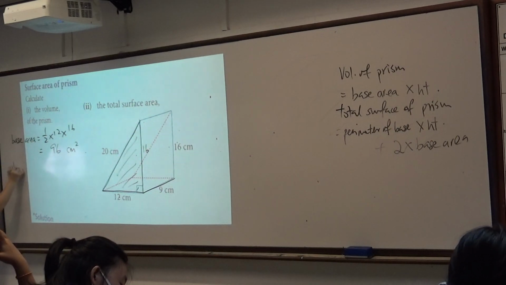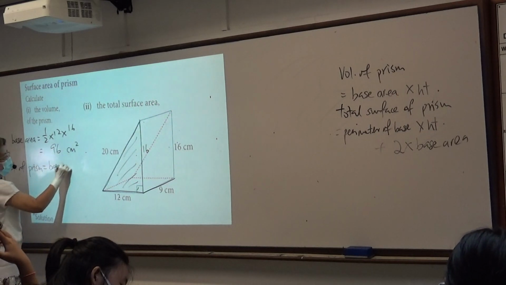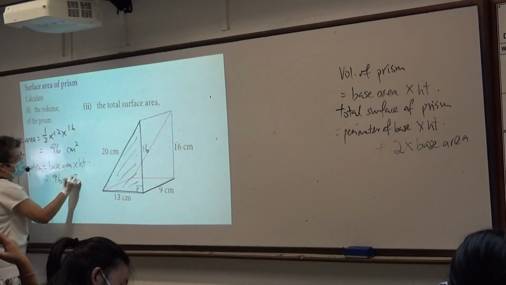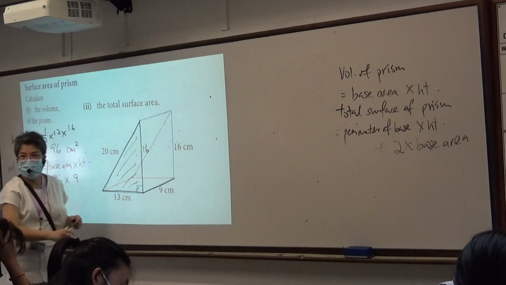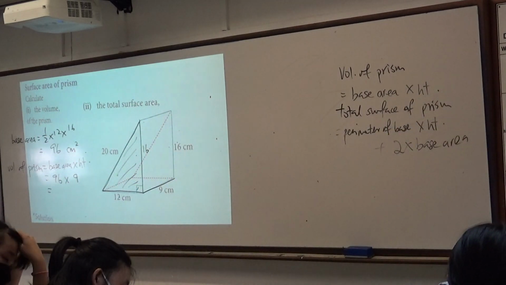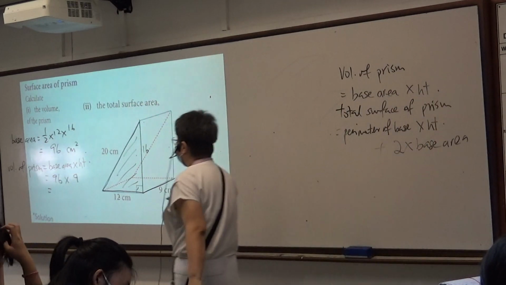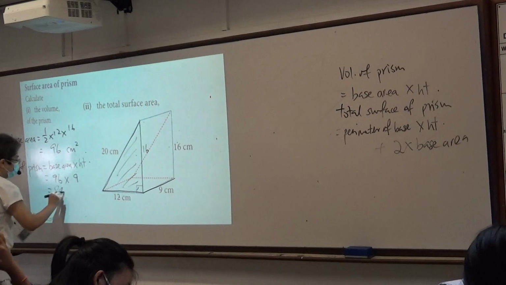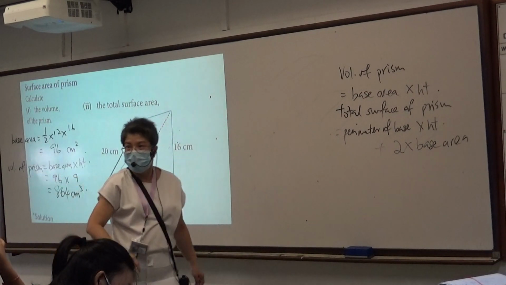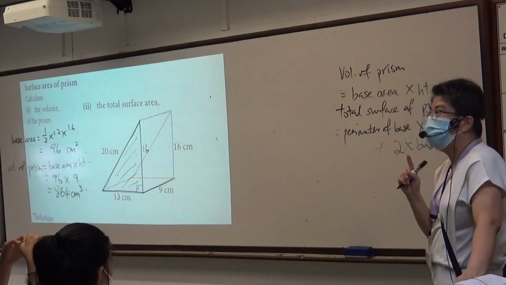So volume of the freezer will be 96 times 9, right? Correct. Base area times height. So what should it be? 864. Good. 864 cm cubed. Are we clear here? So I repeat, what's the volume of the freezer?